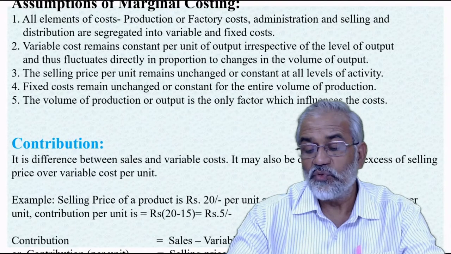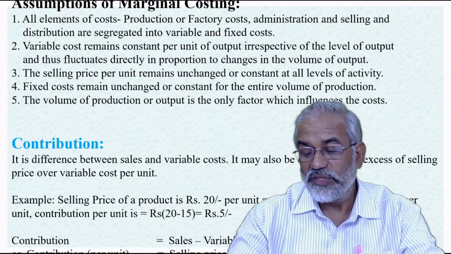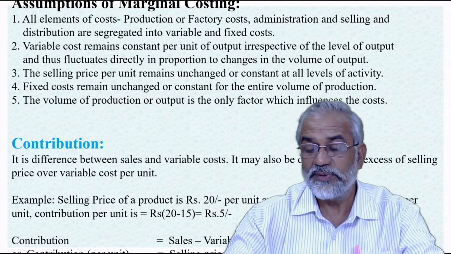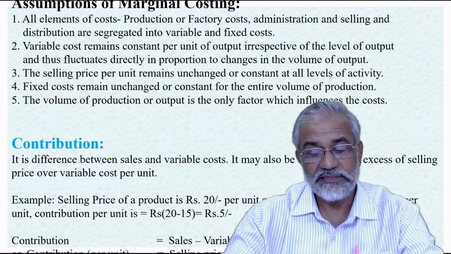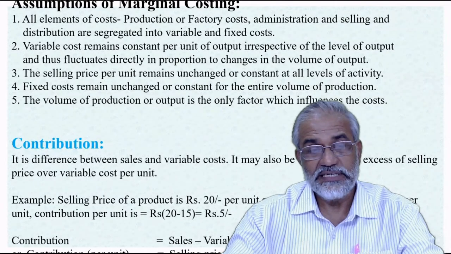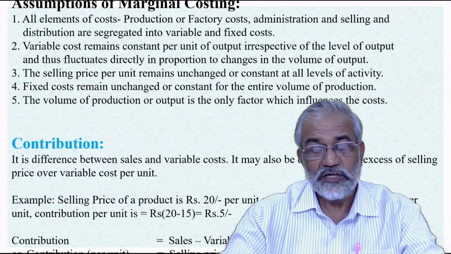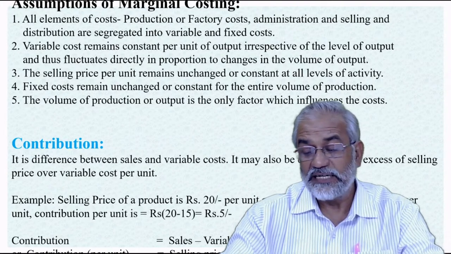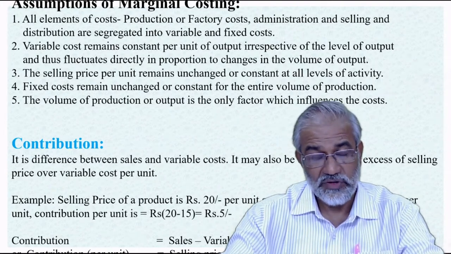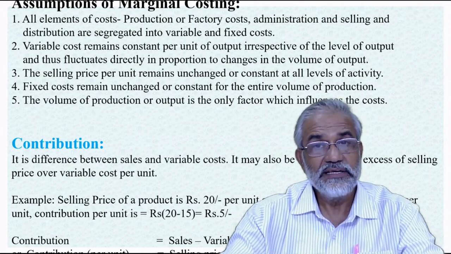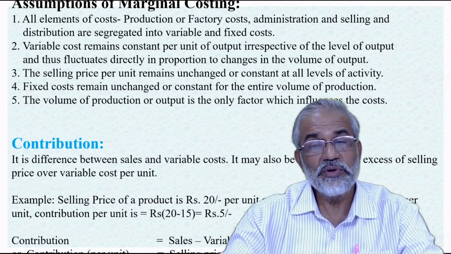From the very beginning, we discussed that when the costs are classified on the basis of activity, there are 3 ways of making classification. One is on the basis of nature, one is on the basis of activity, third one is on the basis of behavior. When the costs are classified on the basis of activities, there are 3 types of overheads. One is the production or the factory overhead. The second one is the administration overhead.